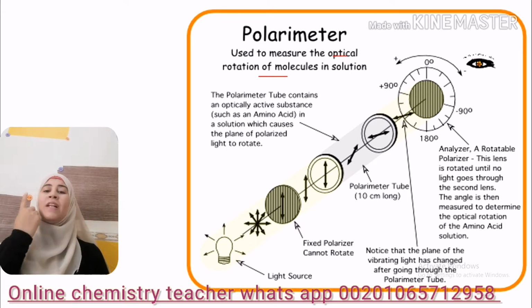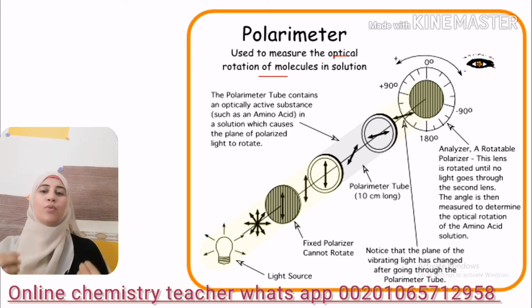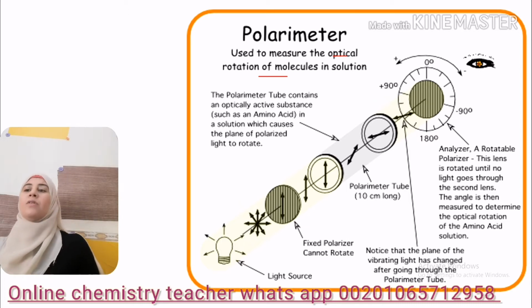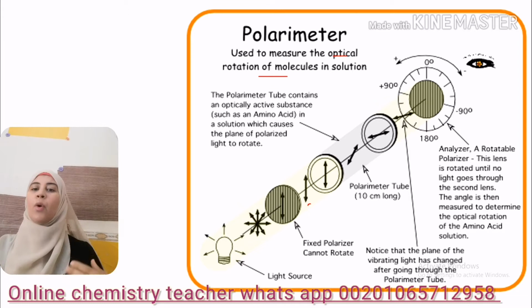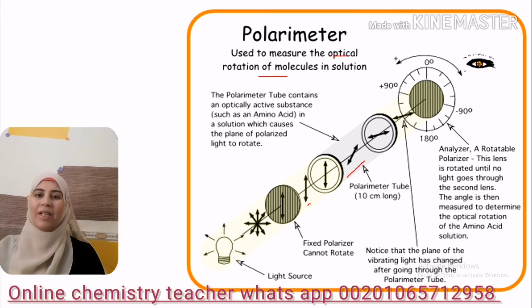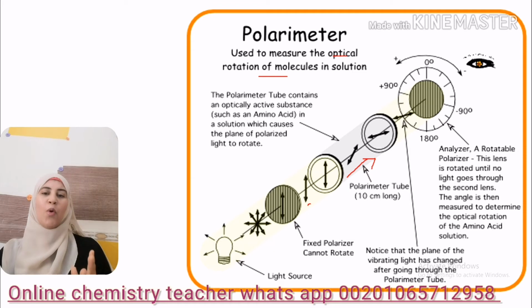To have only monochromatic light, a light with only one wavelength. So our monochromatic light will transfer through our sample, through our chemical compound. By transferring the light through our compound, the light will be rotated.